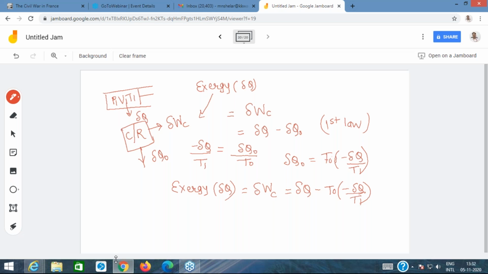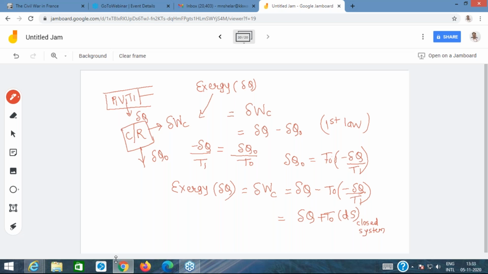So you will get the expression del Q plus T naught into ds, and mind well, this ds is of the closed system. As I said, this value of ds would be negative, because the heat is rejected by this closed system.